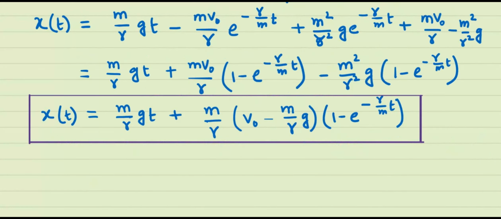We have this very interesting solution, and that is due to the initial conditions that we have chosen. Had we chosen different initial conditions, we would end up with a different form. But you can now play with this solution by taking it to different extremes.